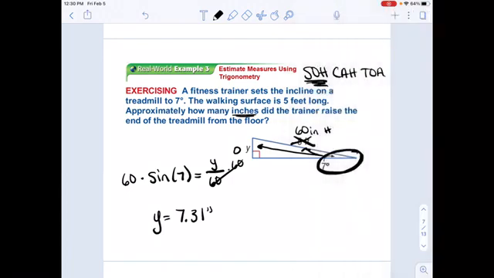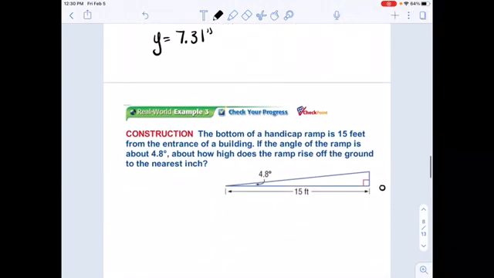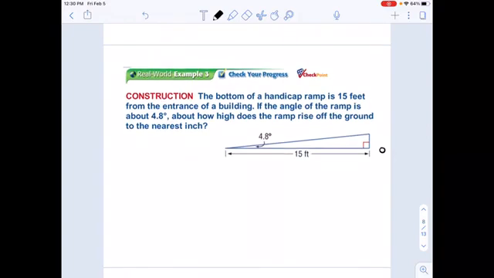Alrighty. So we're going to try another one just so you can see an idea. The bottom of a handicap ramp is 15 feet from the entrance of a building. If the angle of the ramp is about 4.8 degrees, how high does the ramp raise off the ground? So, once again, we are here. This is our perspective.